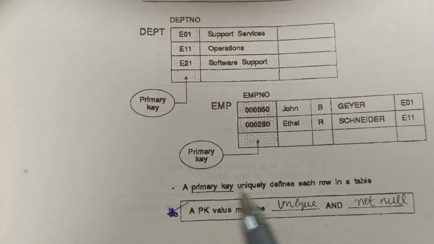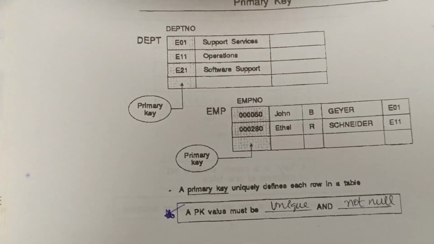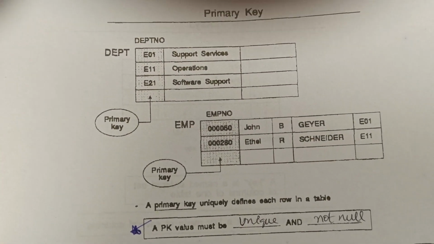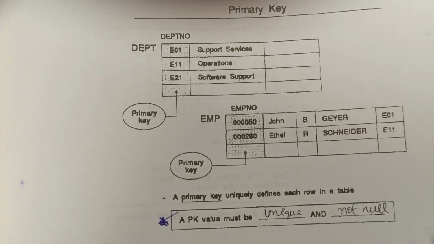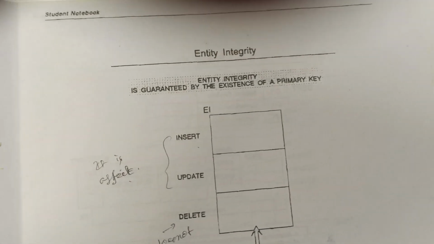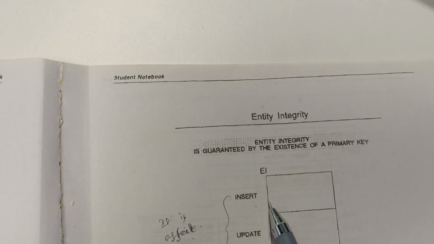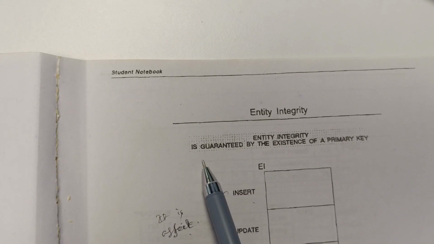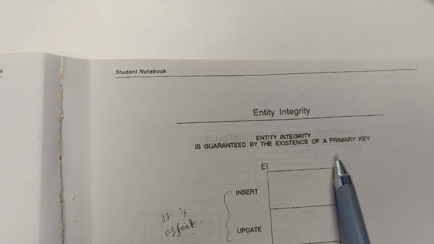These are two basic concepts. Whenever you are asked in an interview what a primary key and foreign key are, you can give these two definitions. And what is entity integrity? Entity integrity guarantees the existence of the primary key.